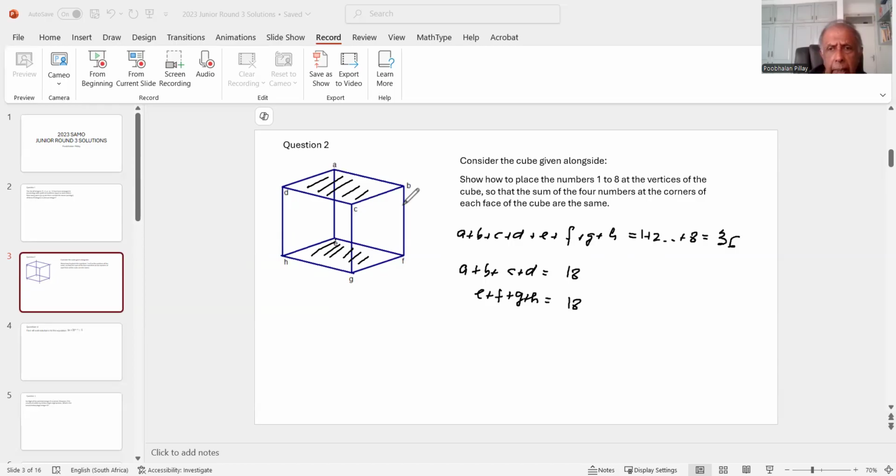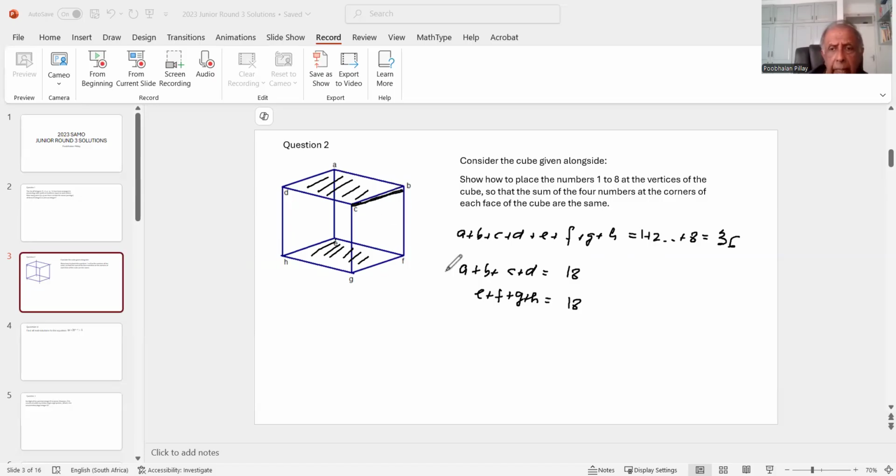Now, the other interesting thing here is that the numbers on that face add up to the same as this face here. Then this is common.